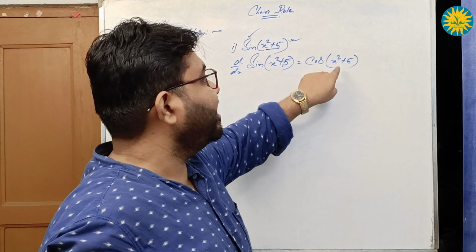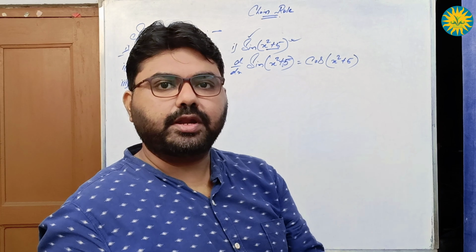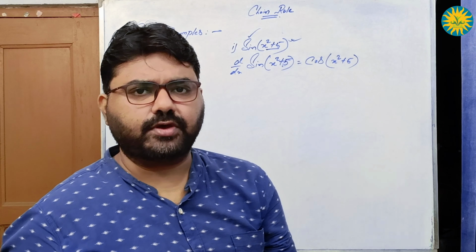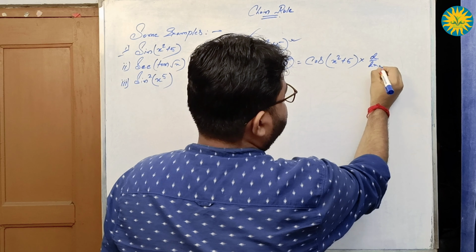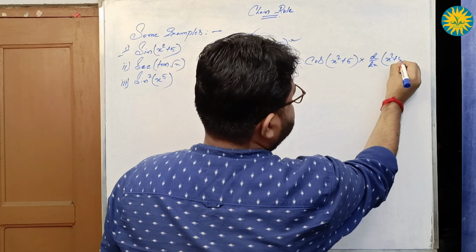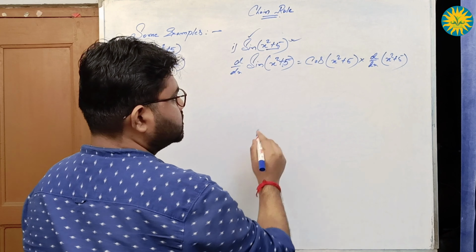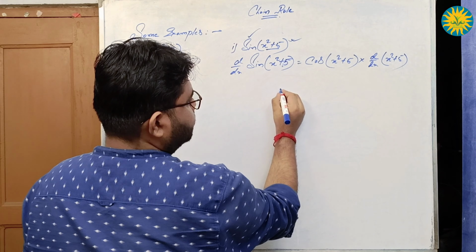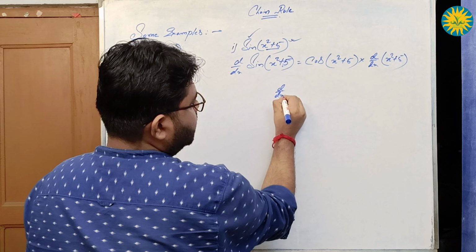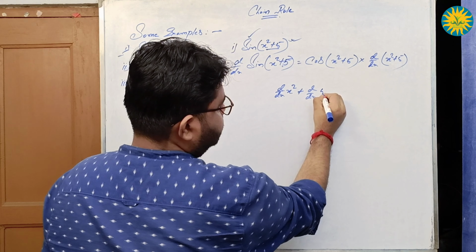Since there is x square plus 5 in place of x, we have to separately differentiate this x square plus 5, so into d/dx of x square plus 5. Separately, d/dx of x square plus 5 means d/dx of x square plus d/dx of 5.